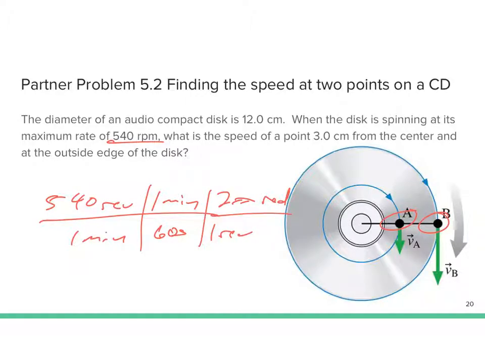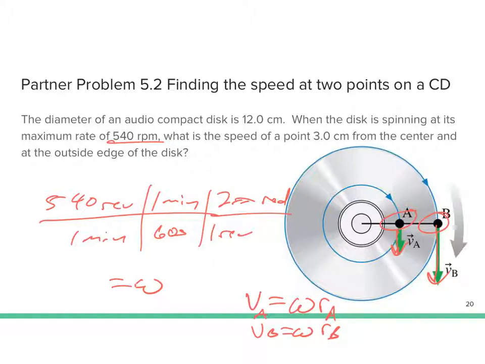But this problem asks, how do we get the velocities of these 2 points? The first step is to get the angular velocity, which is what I was just doing here. The second step is to get the linear velocities of each of the 2 points by the formula we were just discussing in the previous slide.